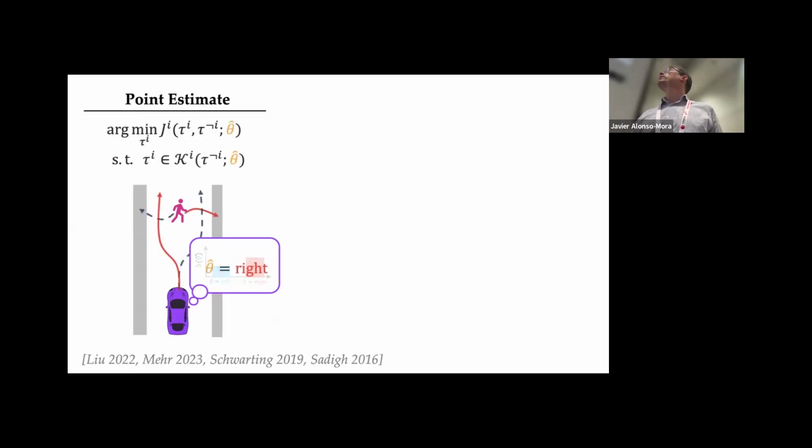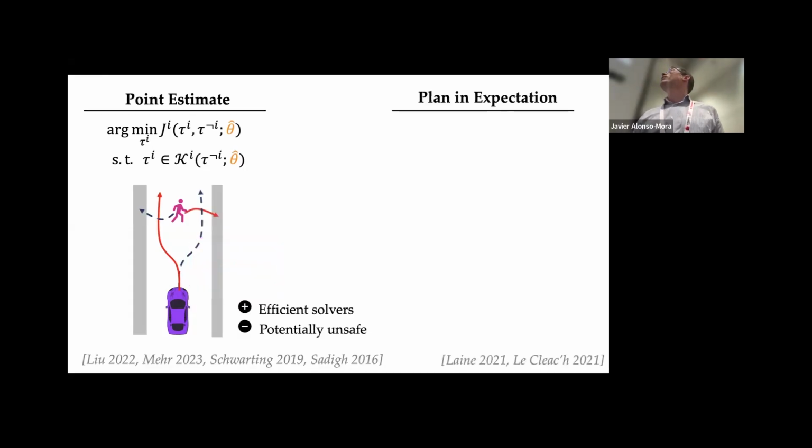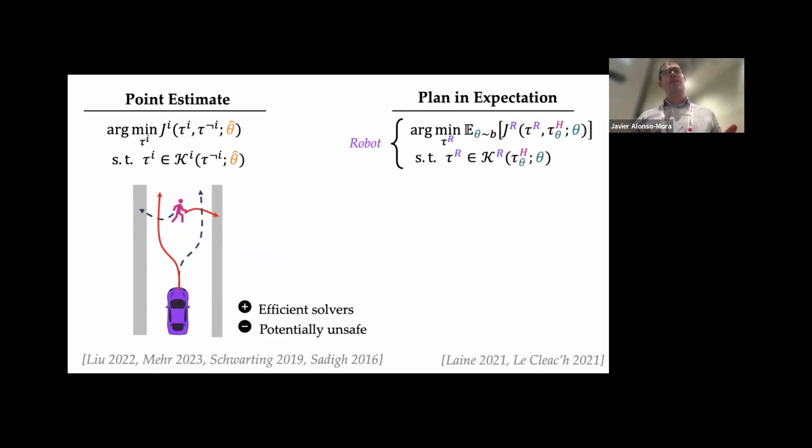So that's taking the maximum. There are efficient solvers for that, and it's potentially unsafe. On the other side of the spectrum, you can plan in expectation. When you plan in expectation, what you are saying is I'm going to compute a trajectory that does 0.5 avoidance of one and 0.5 of the other, if those are the weights that you have.